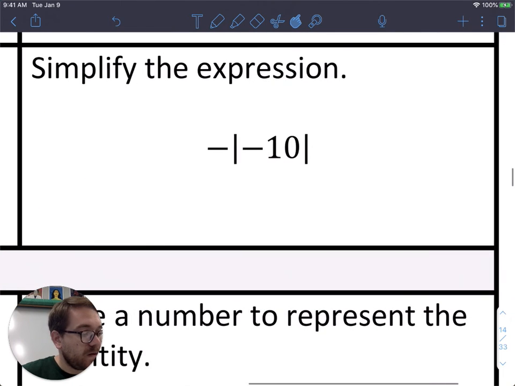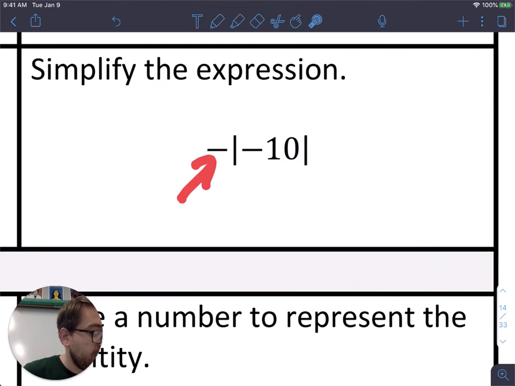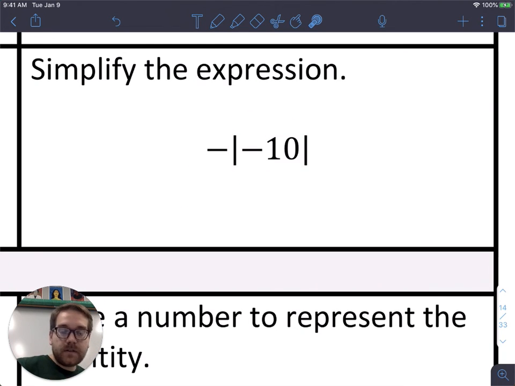Let's do one more. Simplify this expression. We have the negative absolute value of negative 10. Again, let's start with what's inside of the absolute value symbol. How far is negative 10 from 0 on a number line? It would be 10.